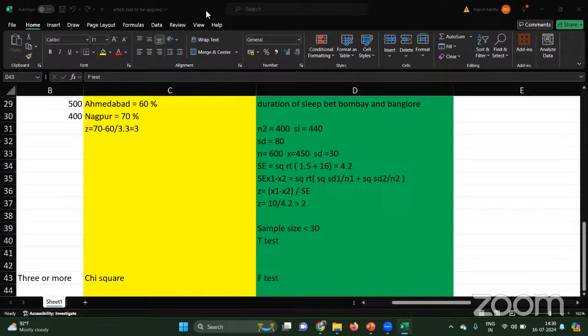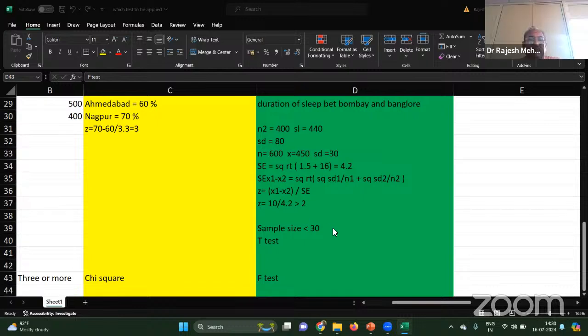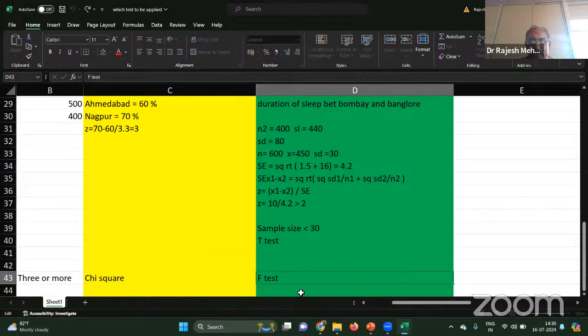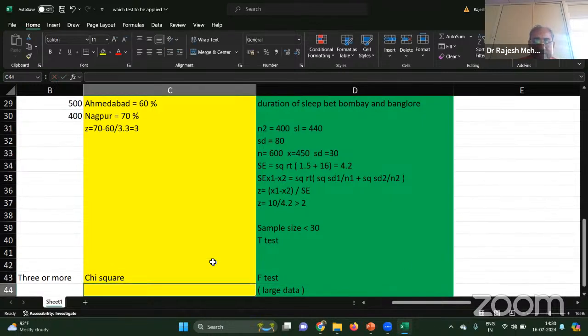This F test you can use provided you have large data. But when you have very small data, I will take an example.